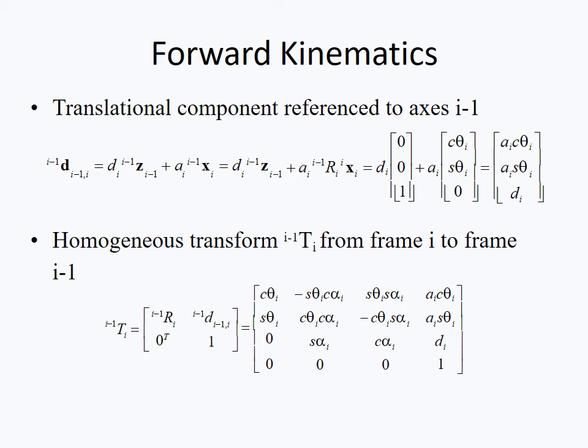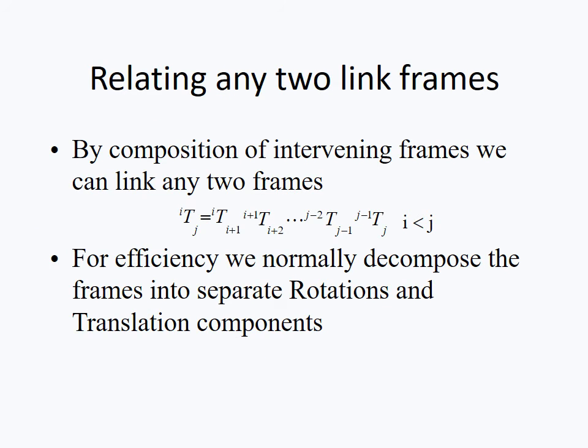So how will the data value change? Here C represents cos, S represents sine, like that. Relating any two link frames with the composition of interleaving frames, we can link any two frames, that is T and T. So using these coordinates, that is transformation vectors, we can identify the next transformation vector value depending on the previous joints.